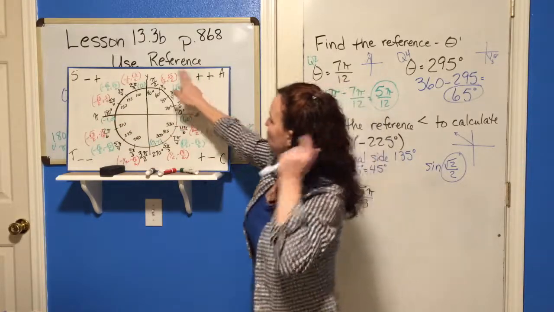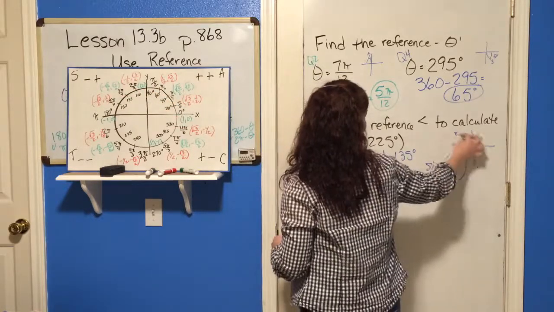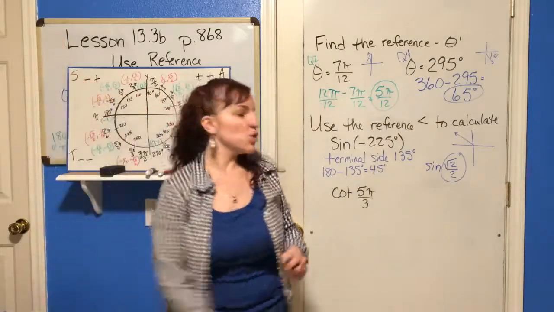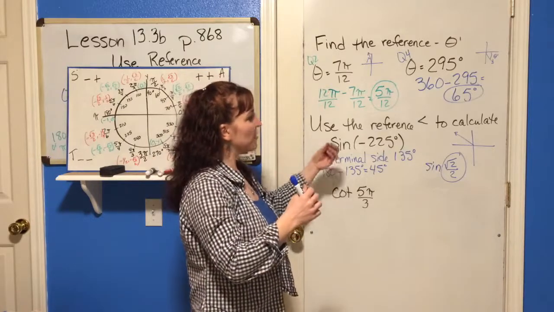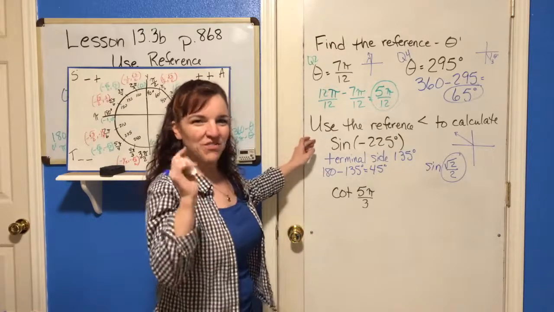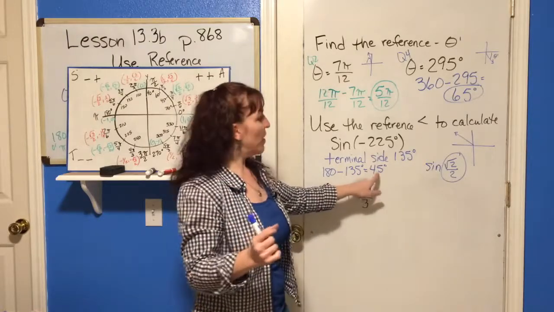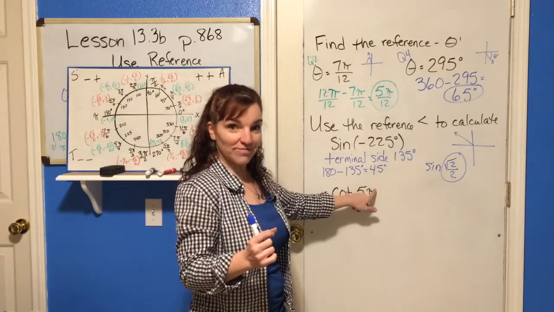So you can just quickly and easily see, okay, I want the sine and I want it to be in quadrant 2. So in quadrant 2, the sine is positive. And so step 1 is to find the reference angle. After you find the reference angle, then you find the trig function of the reference angle.